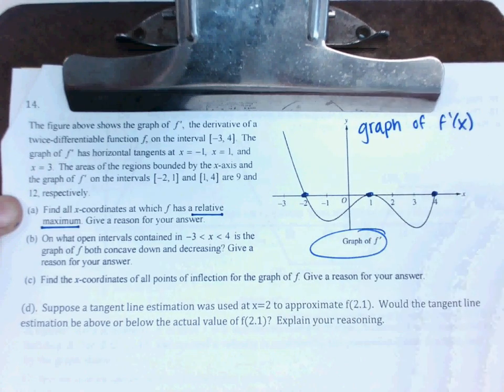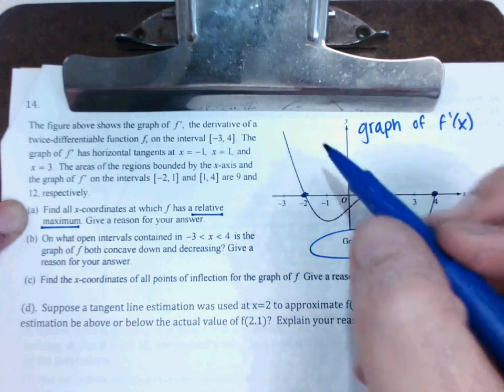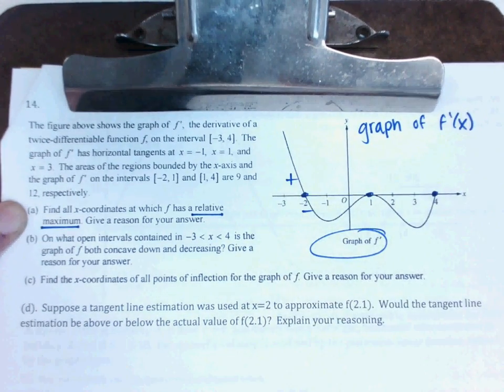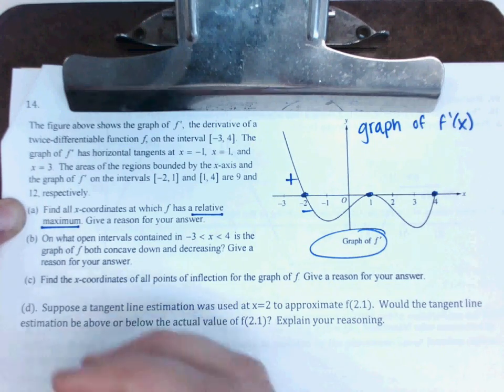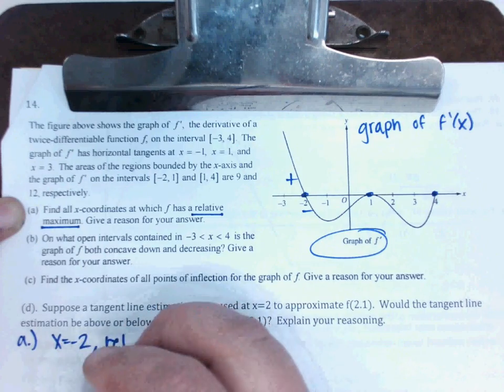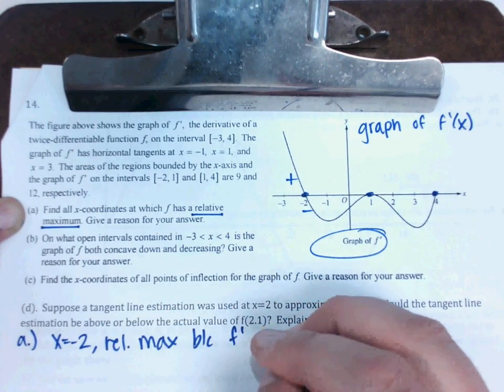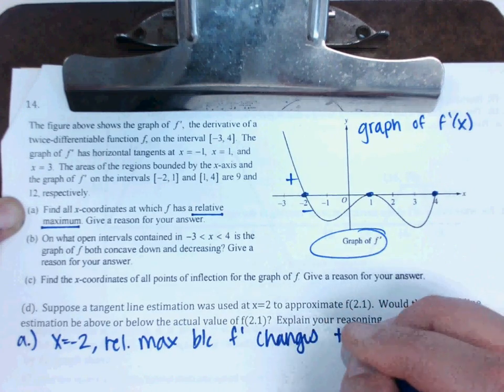I need which sign change? For a max, I need it to have a positive slope to a negative slope. So it'd be at -2. So for part A, I would say x equals -2 relative max because f prime changes plus to minus.